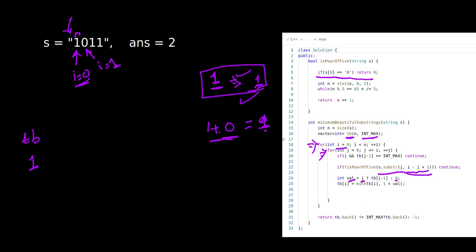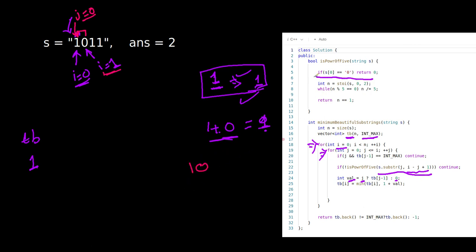Again we need to check all possible substrings. Let's take j equals 0. In this case the substring is from j up to i, which is this substring 1 0.